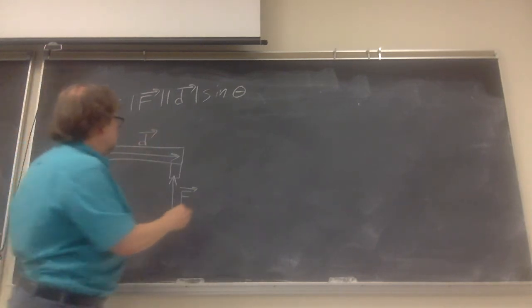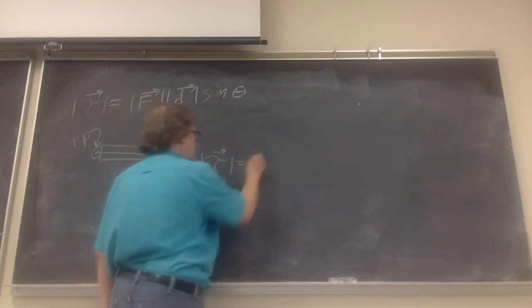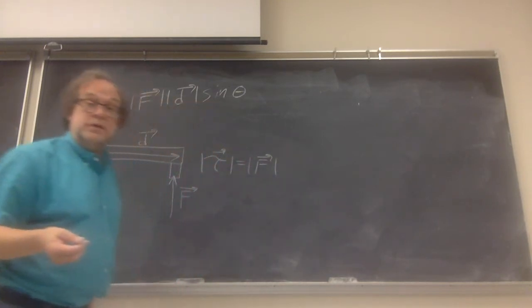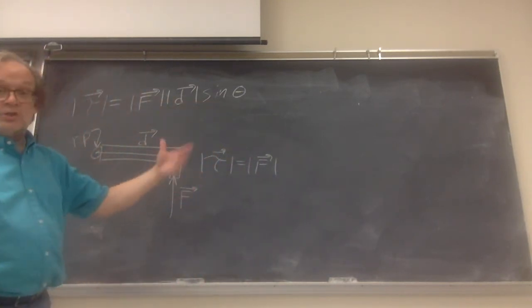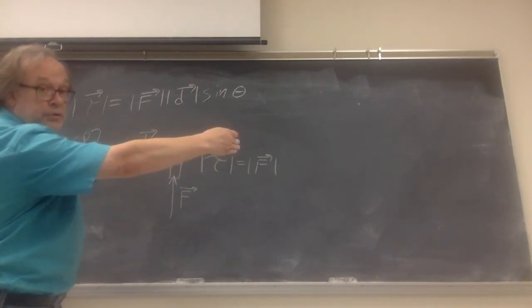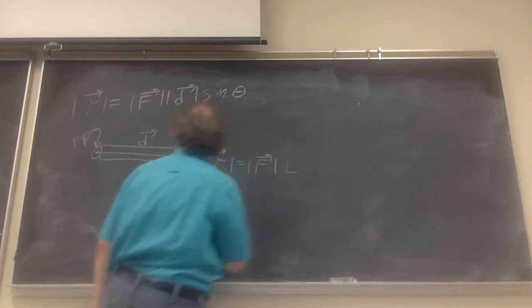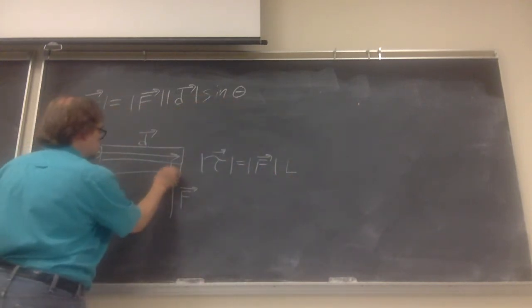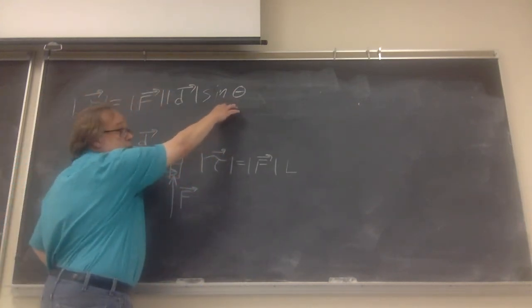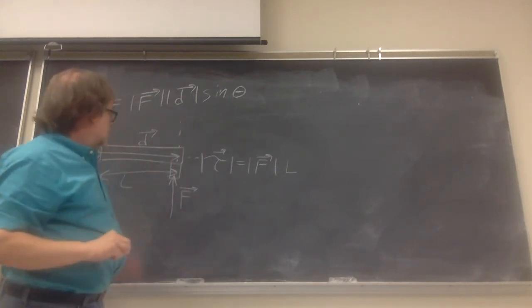So then the magnitude of the torque is just the magnitude of the force times the magnitude of the displacement, which in this case is just the same as the width of the door. Let's call that distance L. And then the angle here in the sine is the angle between displacement direction and force direction.